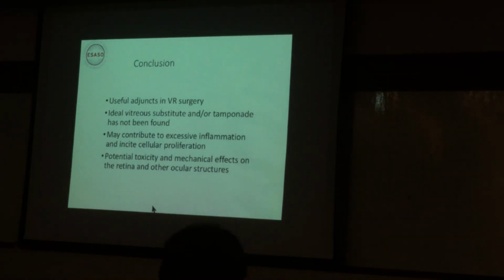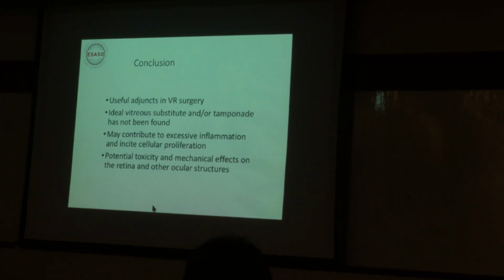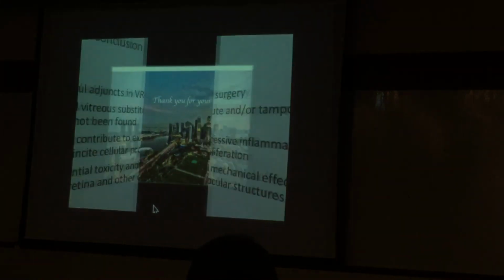All these tamponades are definitely useful adjuncts in vitreoretinal surgery. We have them at our disposal so that we can perform safe surgery. They may not be ideal because they may have toxicity issues because of inflammation, cellular proliferation and toxicity to the retina and other ocular structures.